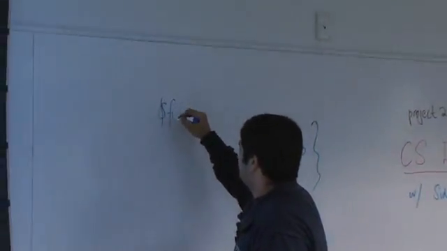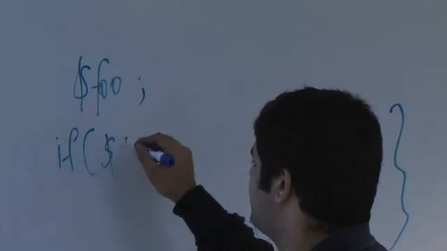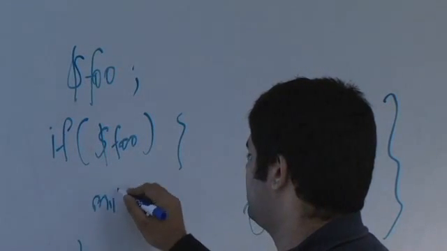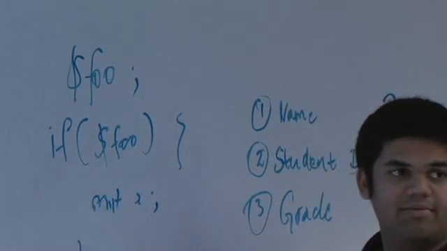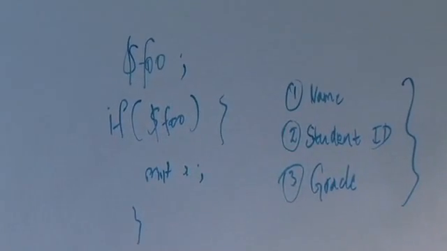So if you have $foo, and then next to it a condition that says if $foo, print X or something, this fails because PHP treats if conditions as both empty and actual, matching whatever condition you specify.